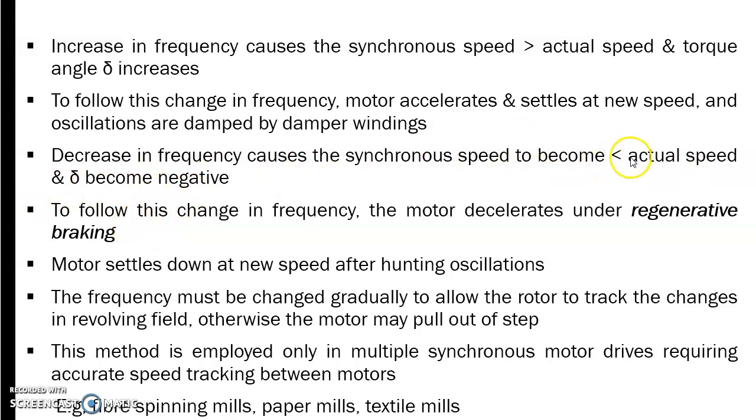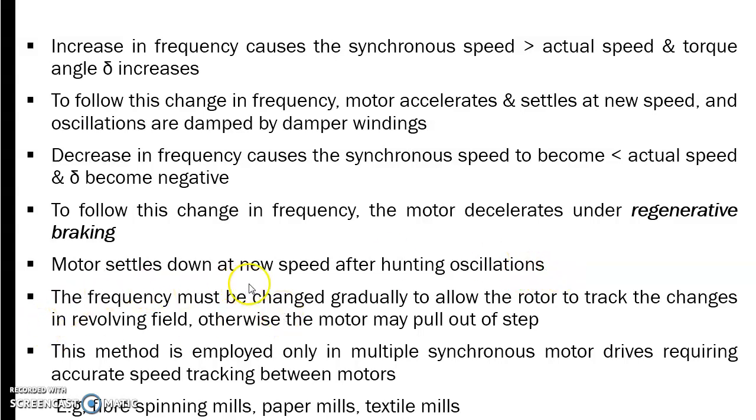We need to bring the actual speed to the synchronous speed value. Hence the motor decelerates under regenerative braking. So here actual speed should be reduced to make it equal to synchronous speed. So we need a deceleration, whereas in the previous case we need an acceleration. The motor settles down at new speed after hunting oscillations.